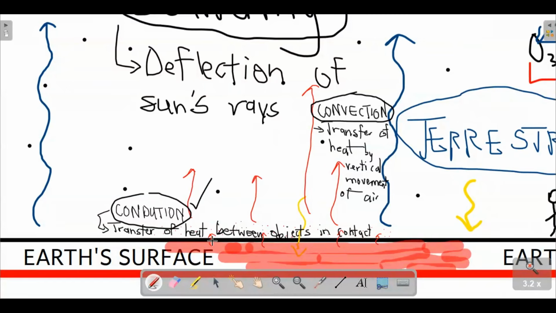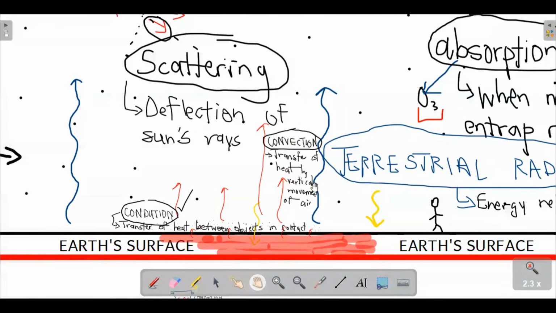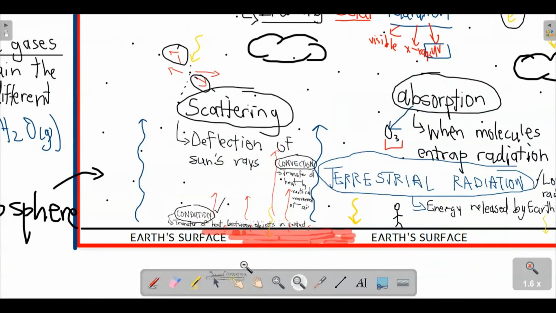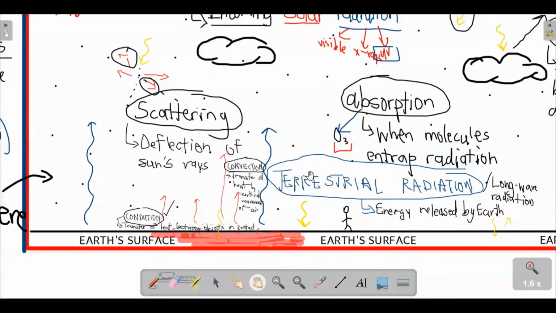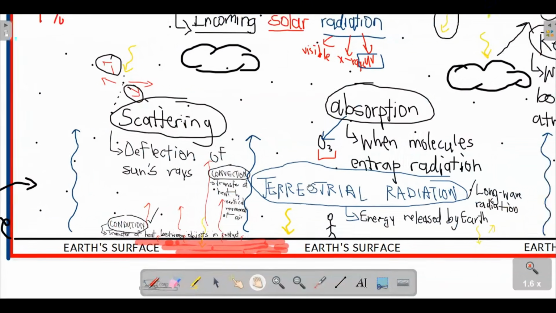That is conduction. And then convection speaks to the transfer of heat by air moving upwards. As air moves upwards, it is taking that heat and moving it to other molecules or to the higher atmosphere. So that is convection. So please, guys, let's differentiate between those two terms.